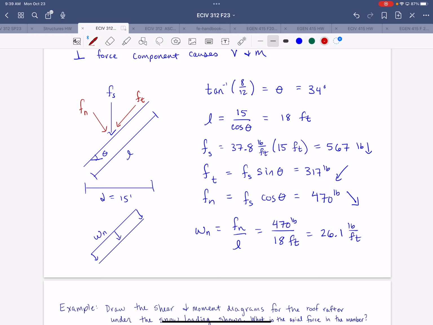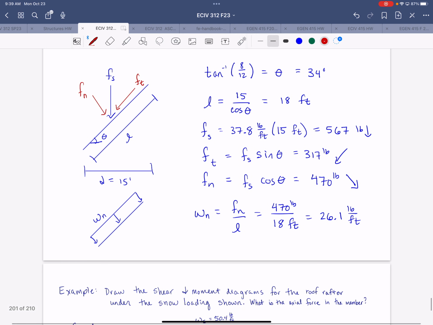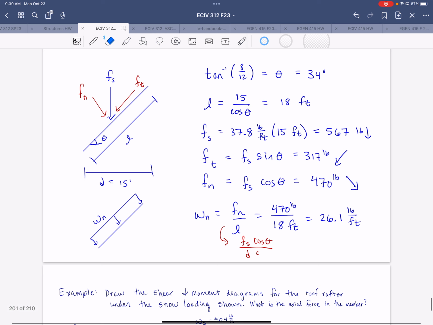All right, so we kind of did this the long way, right? Because what is Fn over L? This is also Fs cosine theta divided by L. L is 15 over cosine theta, right?